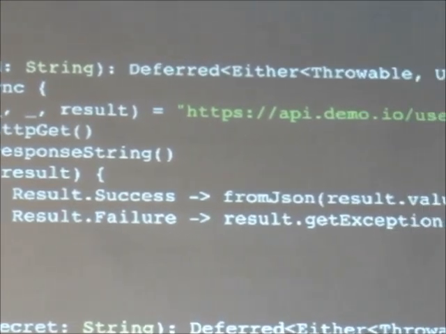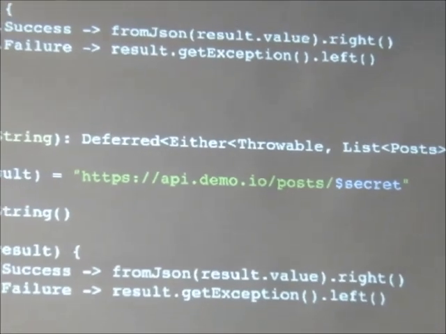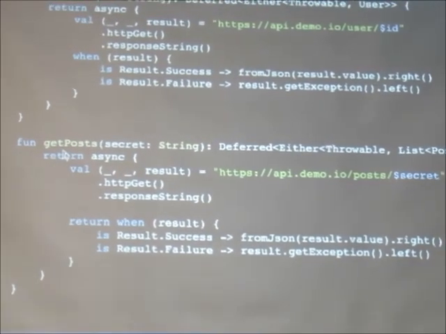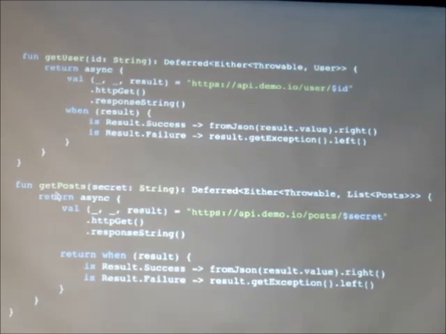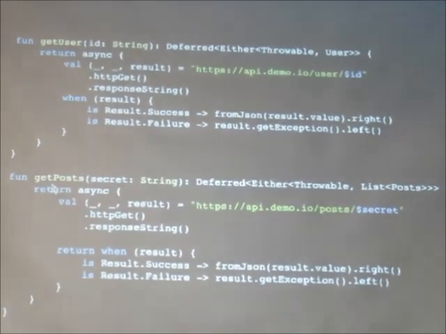The good thing about Arrow is that it provides integrations with most popular libraries out there. So it has integrations with Kotlin coroutines, it has integrations with RxJava, as well as Flux. So you can do stuff like this. Instead of wrapping with an IO, you can wrap with an async.